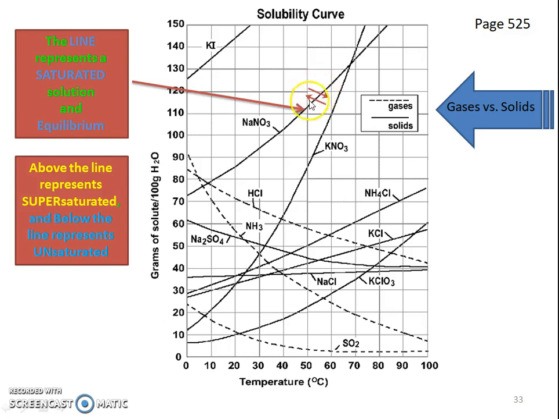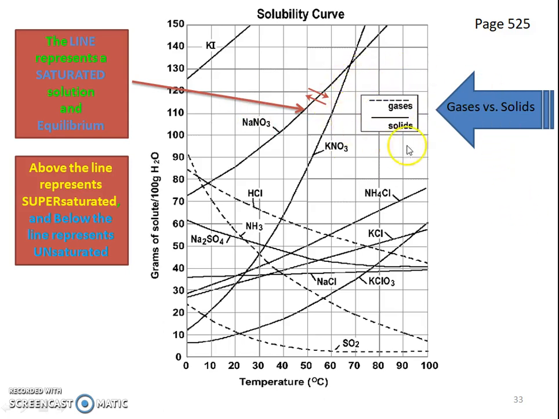So if I were to dissolve, let's say, 94 grams of NaNO3 in 100 milliliters of water at 30-degree temperature, that would be the saturation line. So until I get to that 94 grams, that would be unsaturated. 94 grams would be saturated. And then if I can dissolve anything else in there, that would be considered supersaturated.